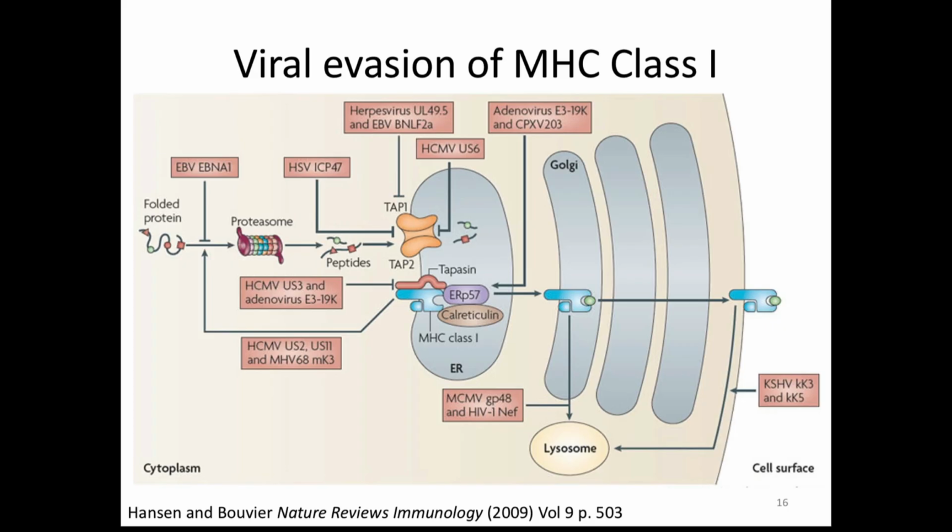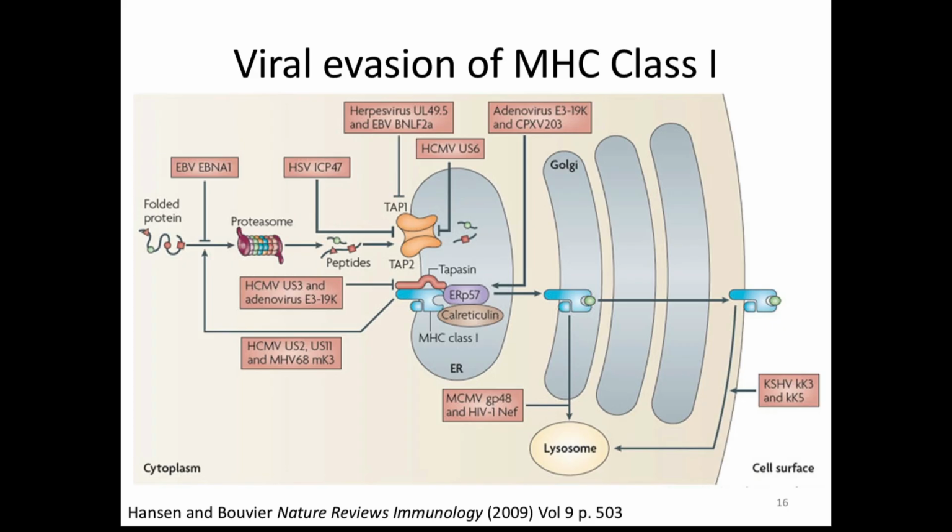The other reasons why a cell might stop presenting on class 1 are really because that cell is super stressed out or has something going wrong with it. Like if it's a cancer cell that's trying to divide really fast and doing all sorts of wacky stuff, presenting on class 1 may be the least of its worries, and so it might stop presenting on class 1.